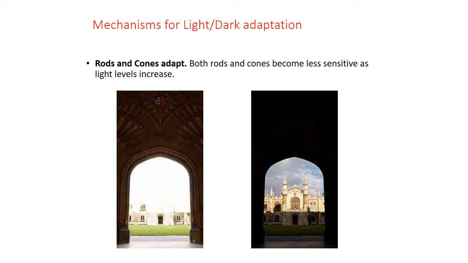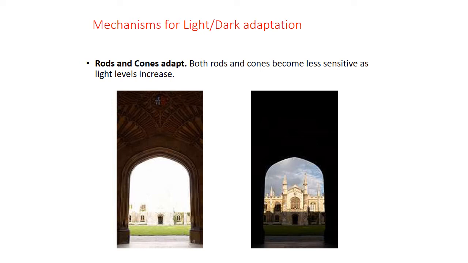Likewise, if you're moving from a very bright environment to a very dark environment, for example, if you're outside and then you move to a very dark movie theater, in the first few minutes it takes a while for you to find the chairs and so on. But then after several minutes, your visual system has increased the gain and you're able to see better even with very dim levels of light.